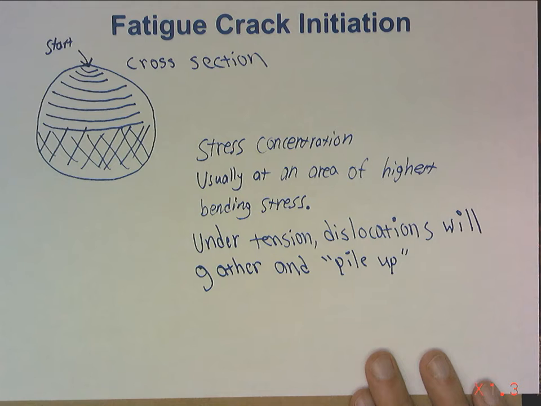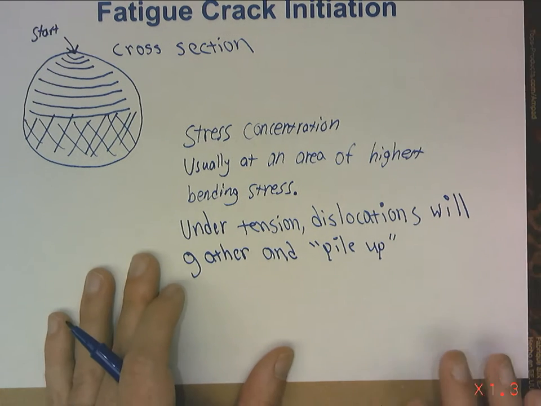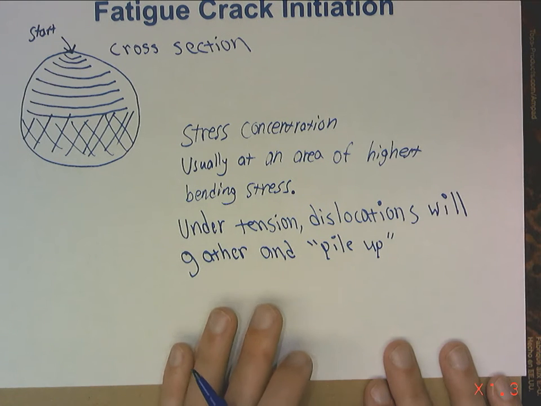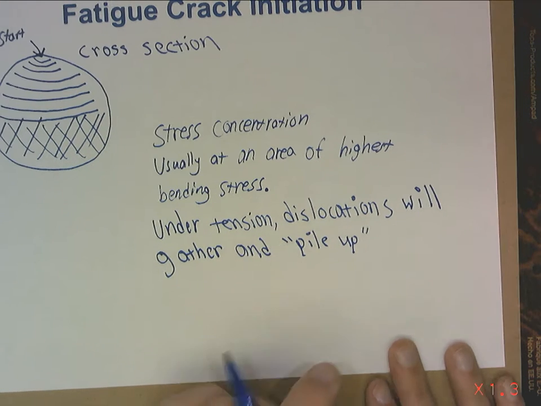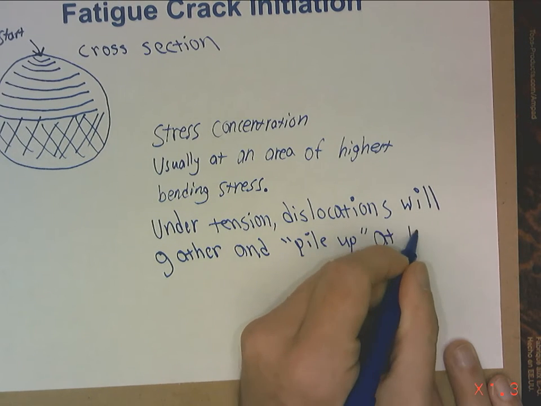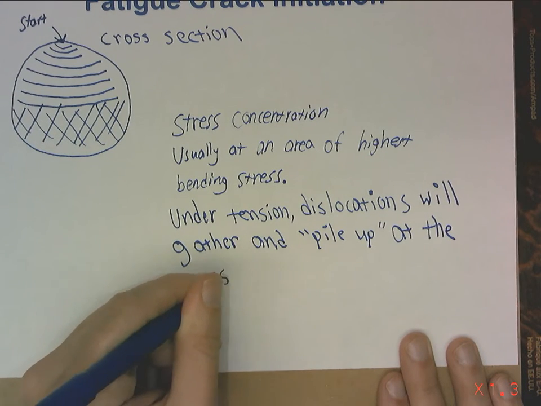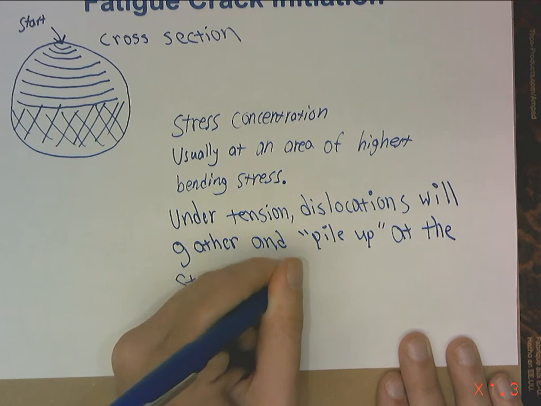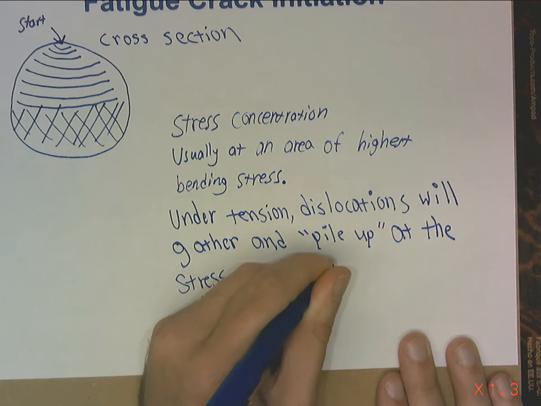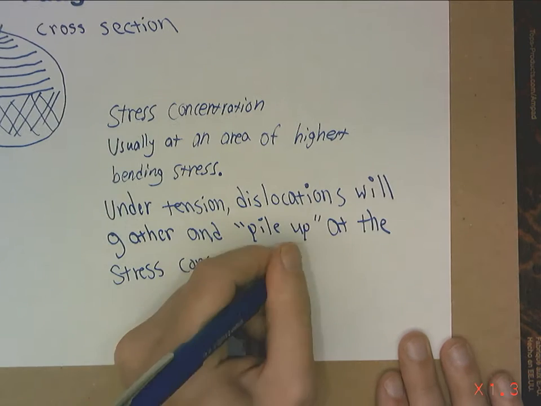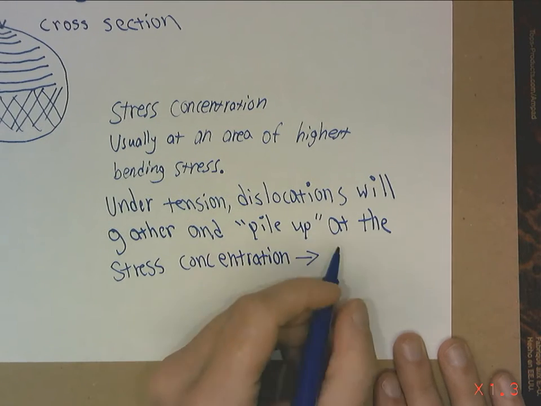They get stacked up like cars piling up in a multi-car wreck. Okay, under tension, the dislocations will gather and pile up at the stress concentration. And what's this do? This starts a crack that will grow under tension.